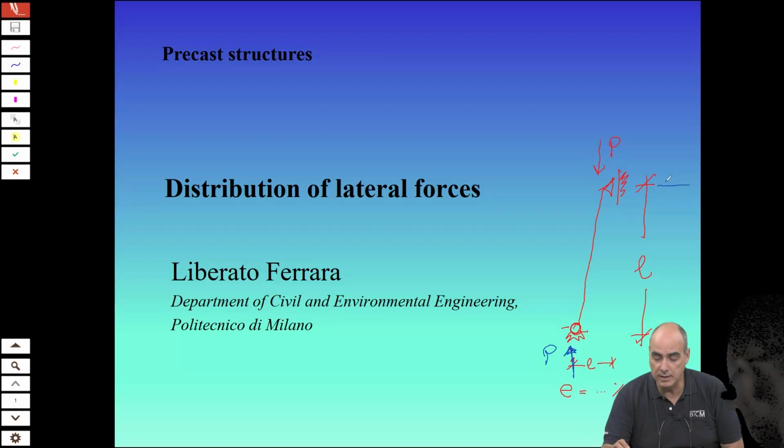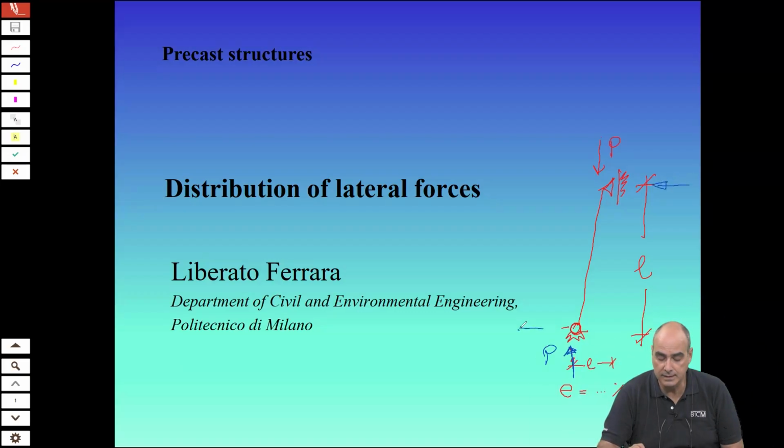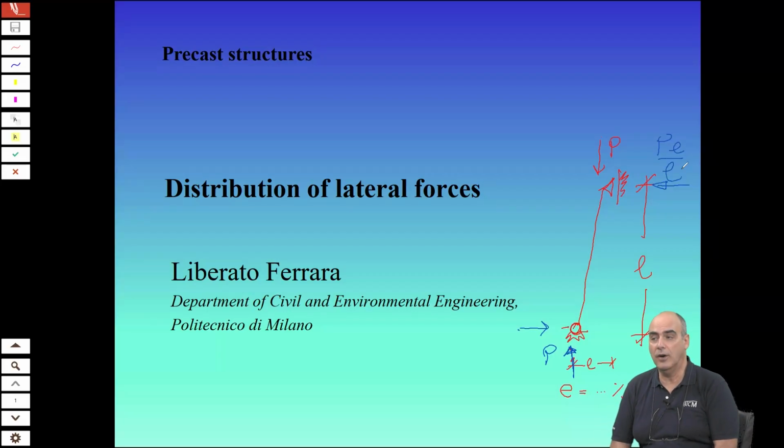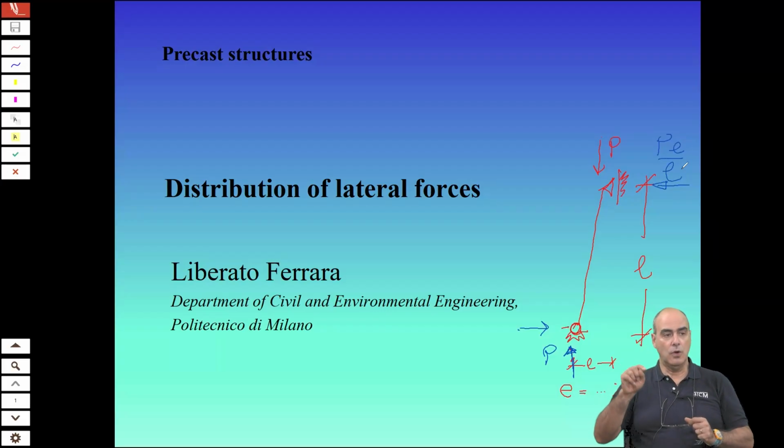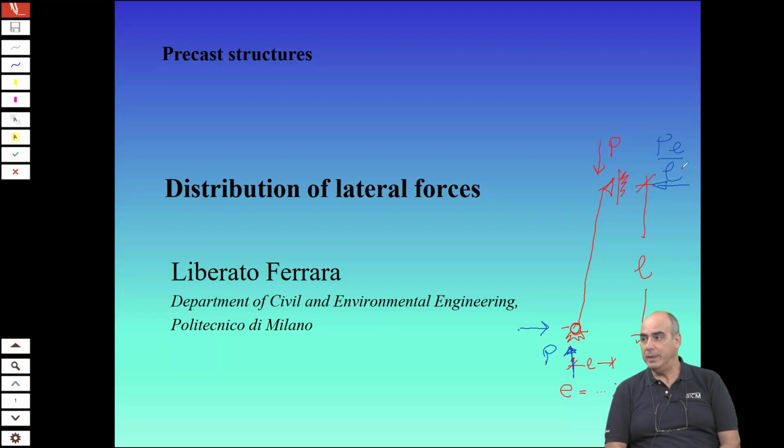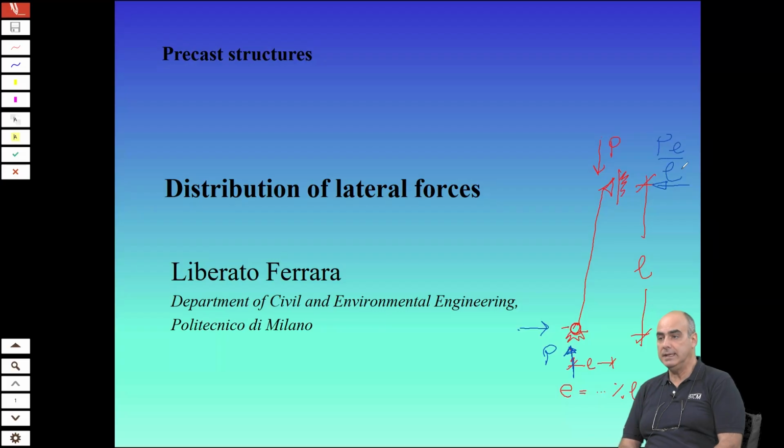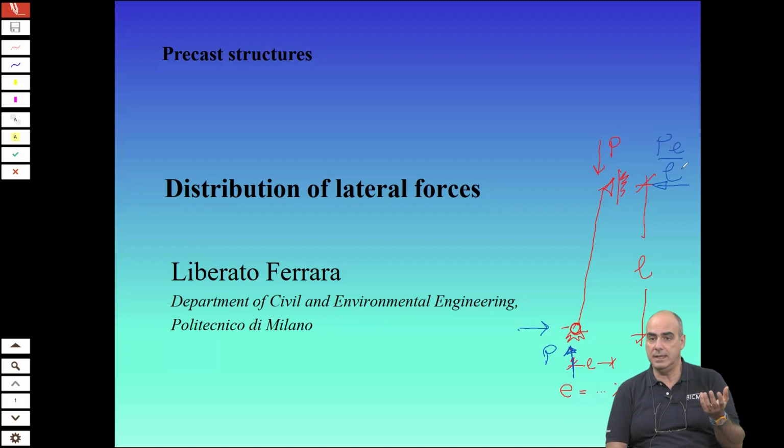So in order to equilibrate that, you need to provide your element the capacity to resist also a lateral load, which is equal to P times e over L. Generally, in precast structures, we assume this unintentional eccentricity to be equal to 2%.